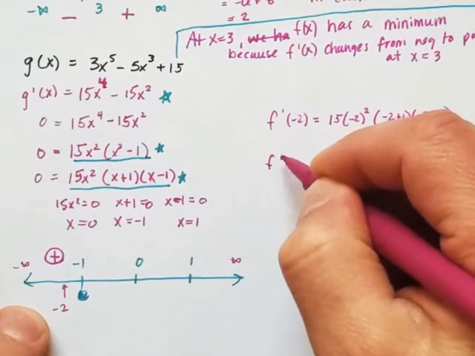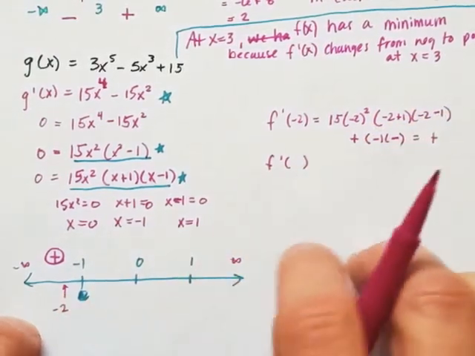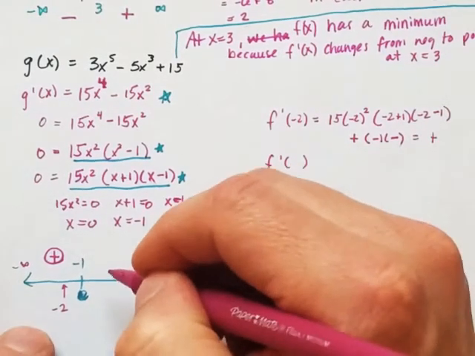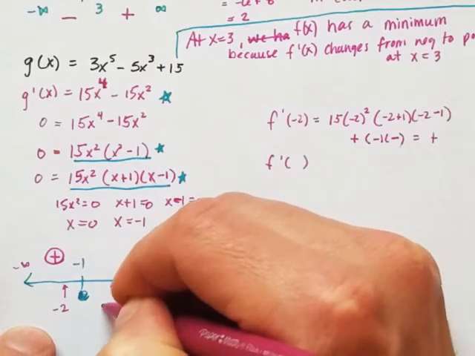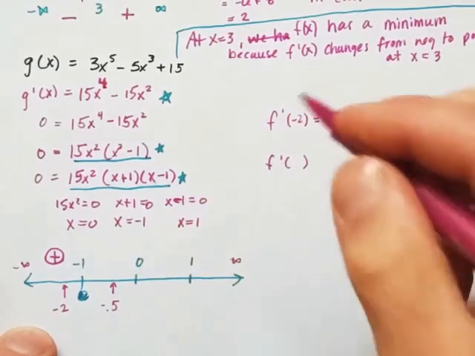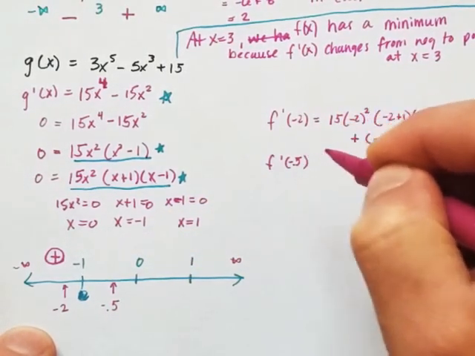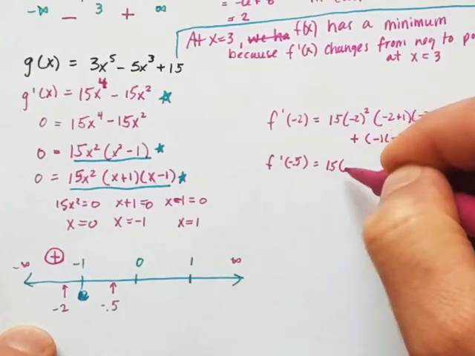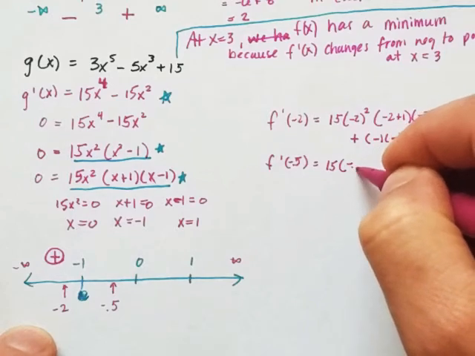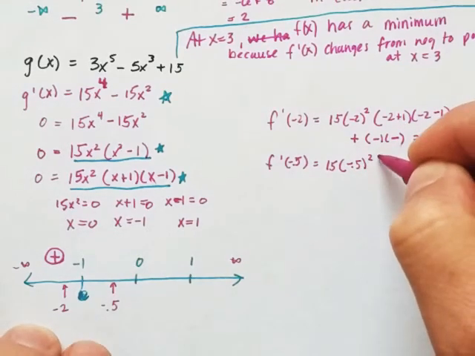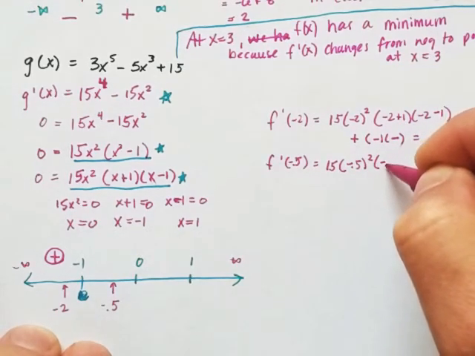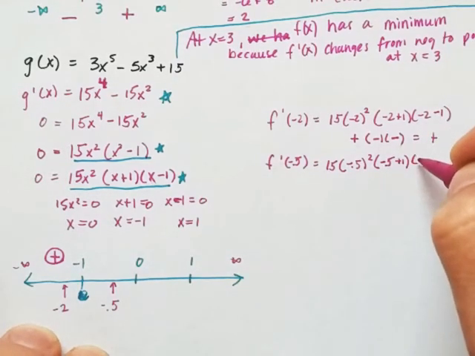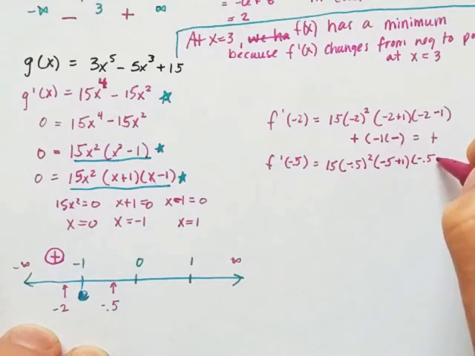Now let's find the derivative of some number between negative 1 and 0. Well, we're going to have to use a decimal here. Let's call it negative 0.5. Now before you kind of freak out because we're using a negative, remember that we just have to know what the sign is going to be. So I'm still going to use the same exact derivative, the factored form, that is going to be the easiest form.